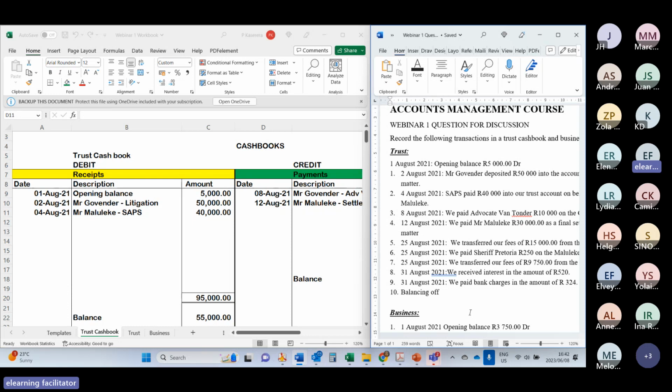Because we have to raise our fees first. When we raise our fee, we recognize that this is our fee, this is our debtor, and then we do the trust transfers. When we do the trust transfers, we also show on our trust cash books that we are moving money from the matter of this client into our business account.